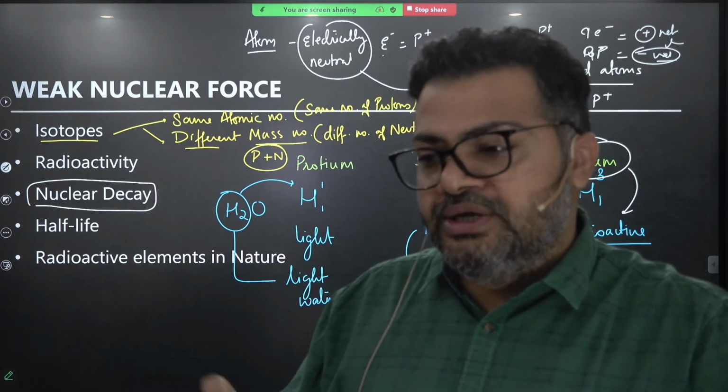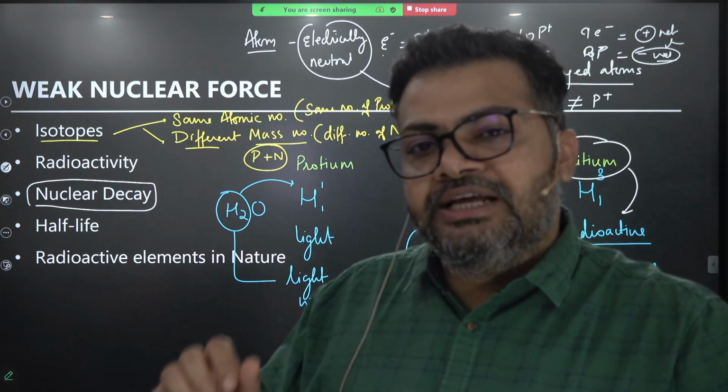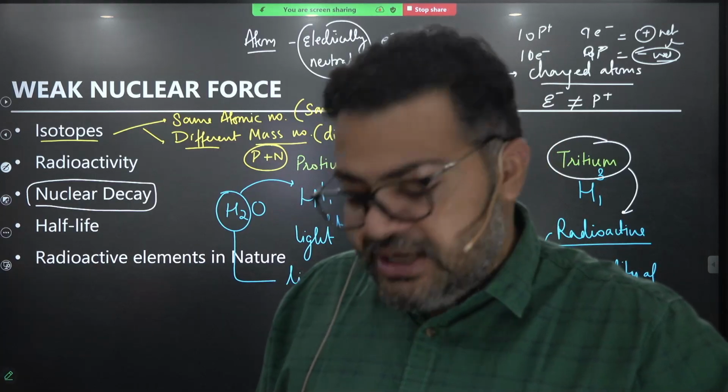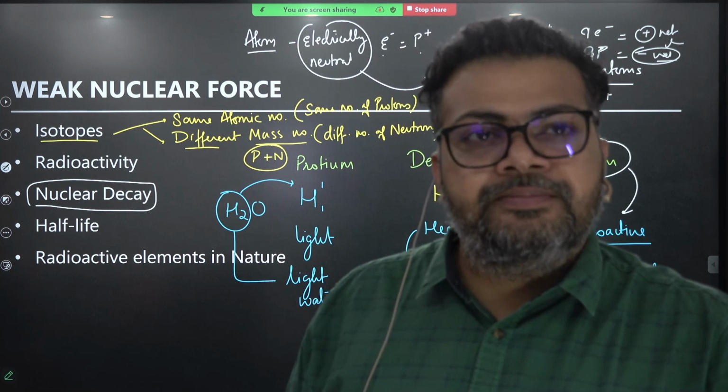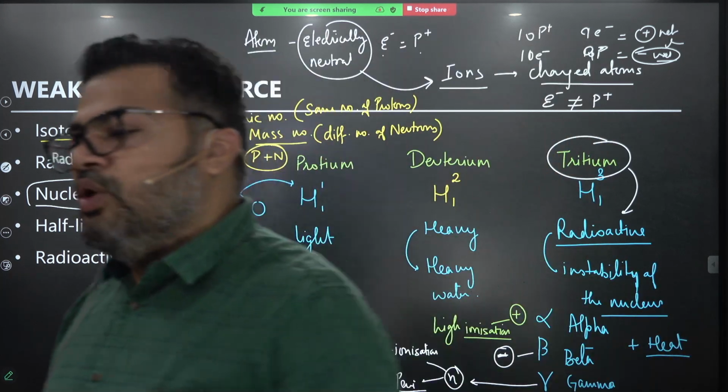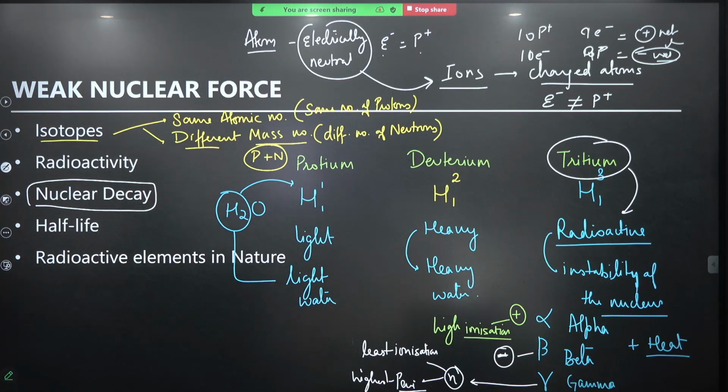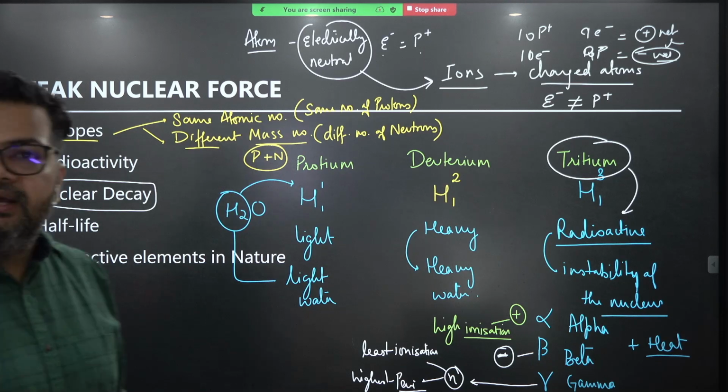Into a stable nucleus, or you can say a stable element, once it loses all the radioactivity, or once it loses all the instability. So once it loses all the instability, a radioactive substance transmutates into a stable nucleus, right?